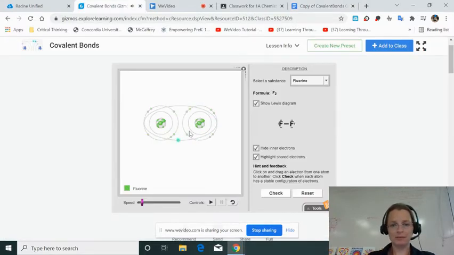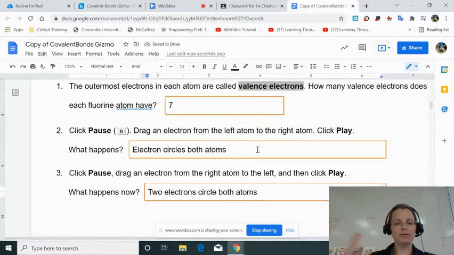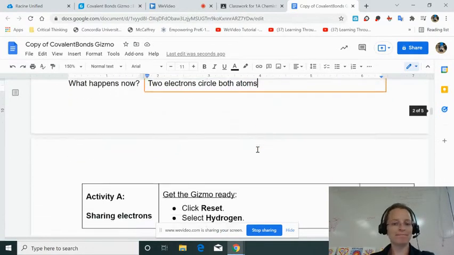Pause it, right to left. Now there are two electrons circling both atoms. All right. Covalent bonding is all about sharing. The electrons circling around both atoms means they're both sharing them.